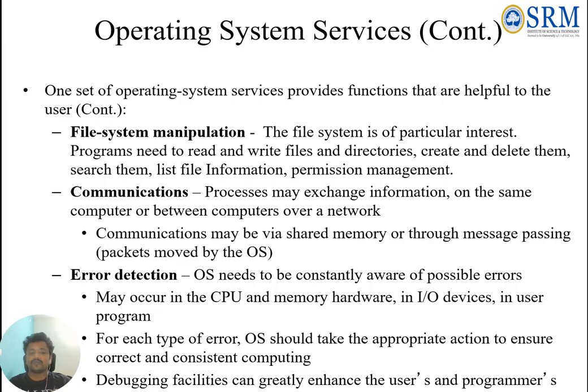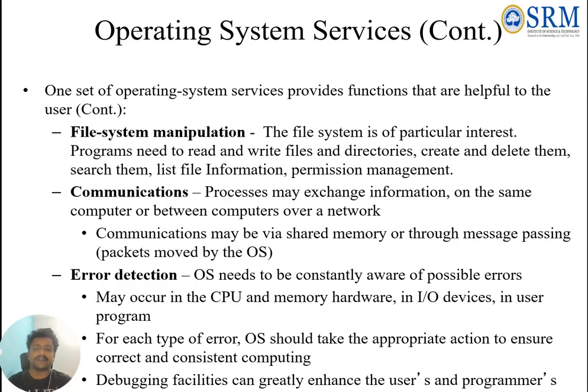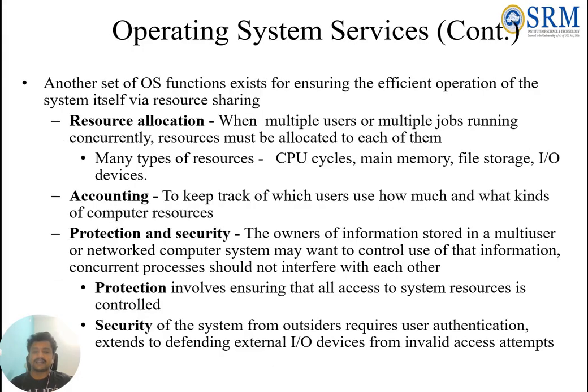The user who notices a particular error has to debug effectively using the system programs or the functionalities provided inside that OS. These are the services we discussed so far: file system manipulation, communication, and error detection.